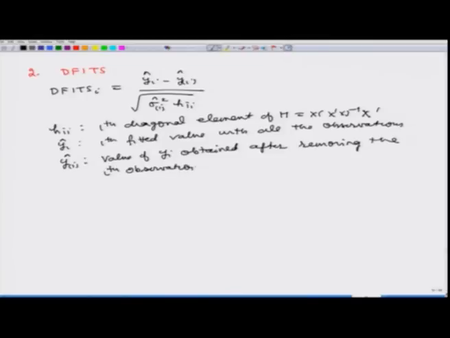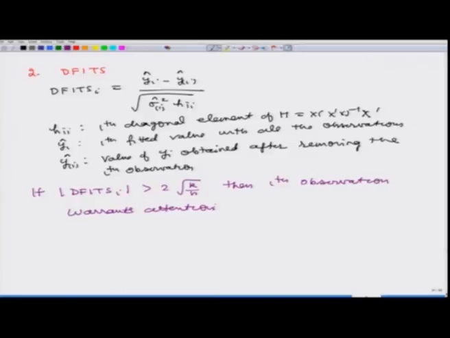Again the rule is very simple: if the absolute value of DFFITS_i is greater than twice the square root of k upon n, then the ith observation warrants attention.